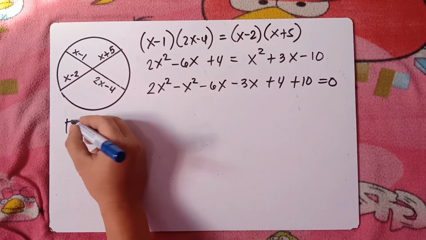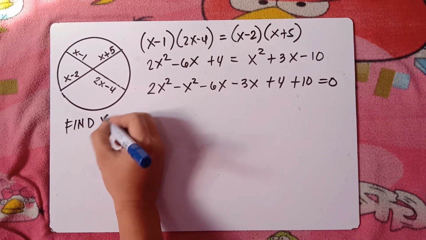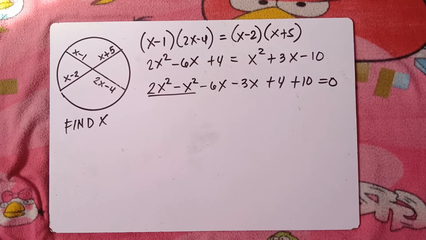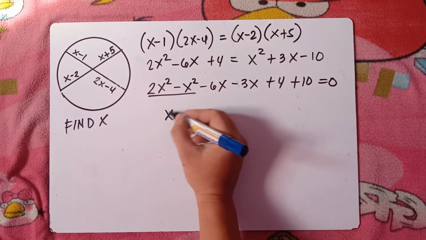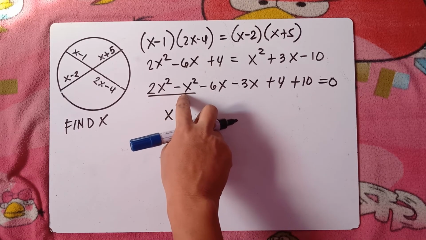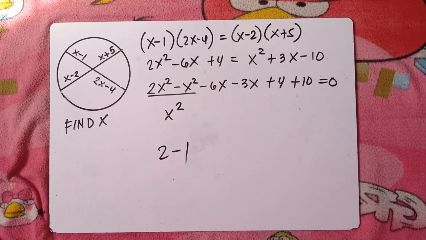Once again, you are told to find the value of x. Subtract. So x squared minus 2x squared minus x squared, that will be x squared. Do not forget, class, x squared here has a numerical coefficient of 1, so this is 2 minus 1.